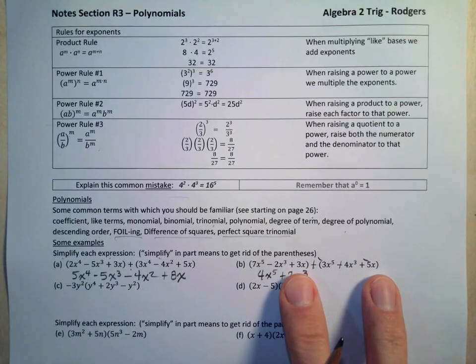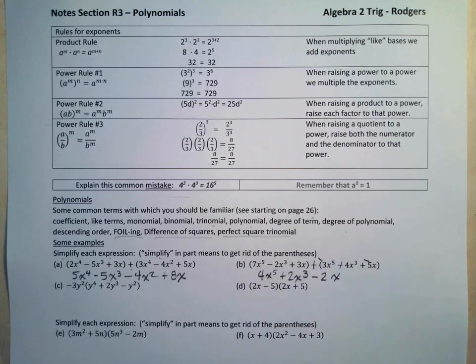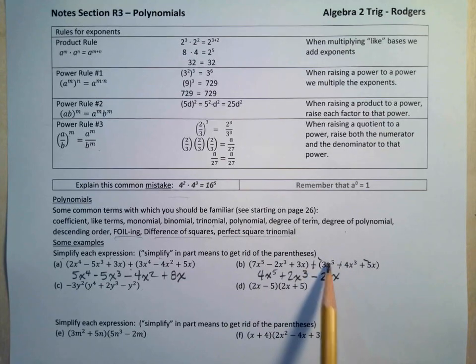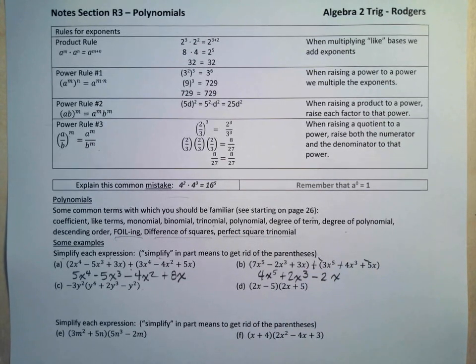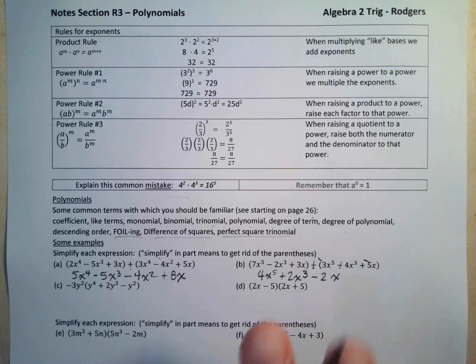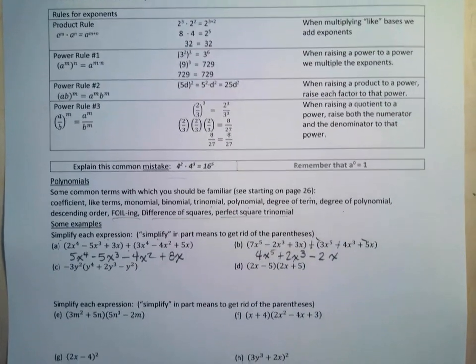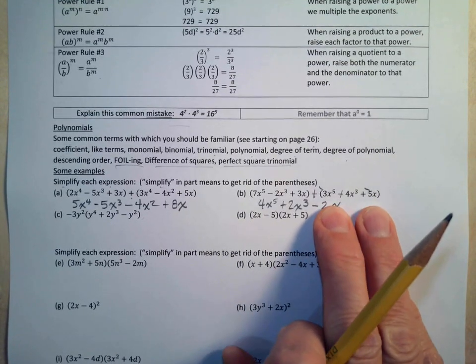And then these are also like terms. Careful, that one's negative, so it's negative 2x. You distribute this negative to each of those terms, so I change the signs of those terms. That's kind of the safest thing to do. We don't like subtracting positive and negative numbers. We often make mistakes, so we'll change it to addition and change the signs of the second polynomial that we're subtracting.